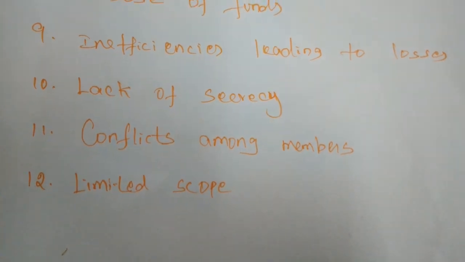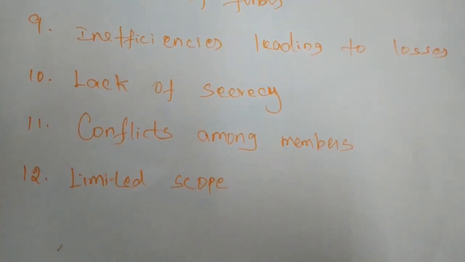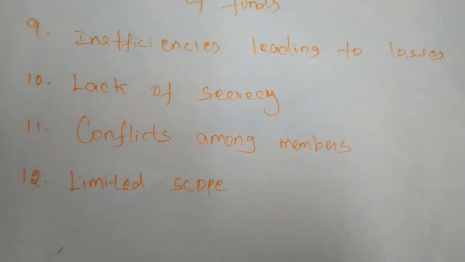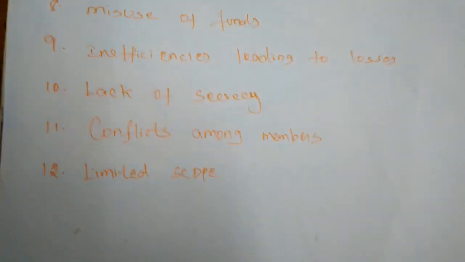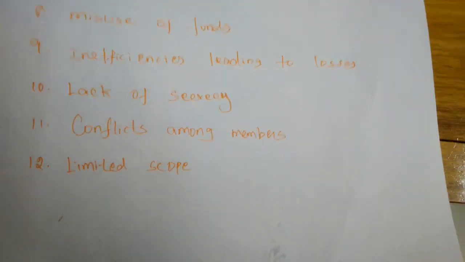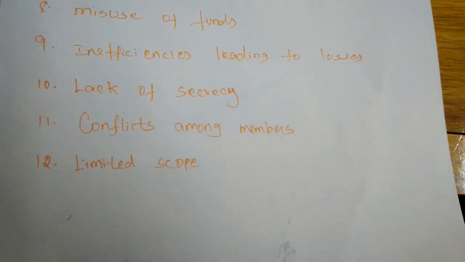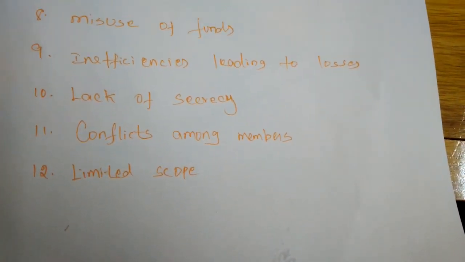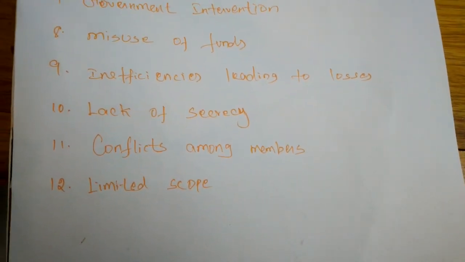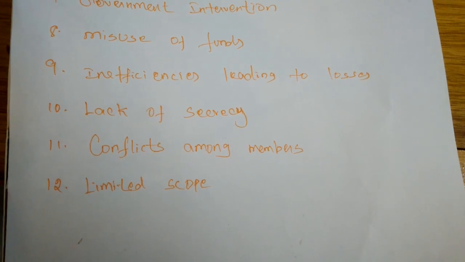Such disputes affect the functioning of the cooperative organizations. If any of the members do not have a good mind or good mutual understanding, the cooperative organizations will be spoiled.